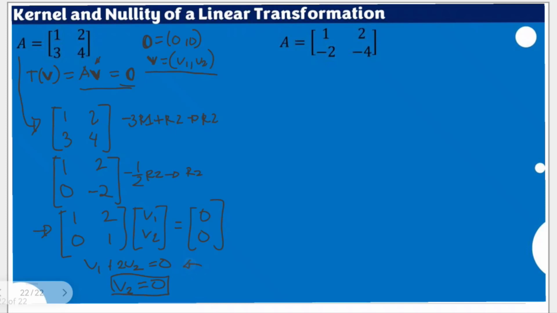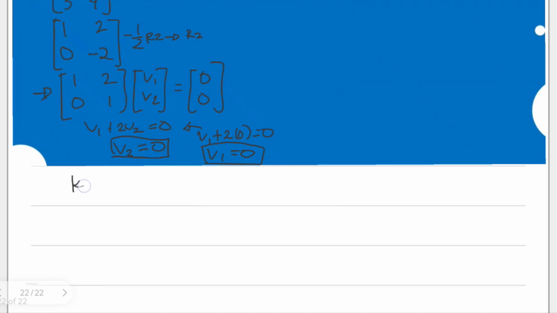Substituting that here, you will have v sub 1 plus 2 times 0 equal to 0. So v sub 1 is also 0. So these are now the components for your vector v that will satisfy this, making the entire linear transformation equal to the 0 vector. In short, the kernel of T is equal to the set containing the vector 0 and 0.